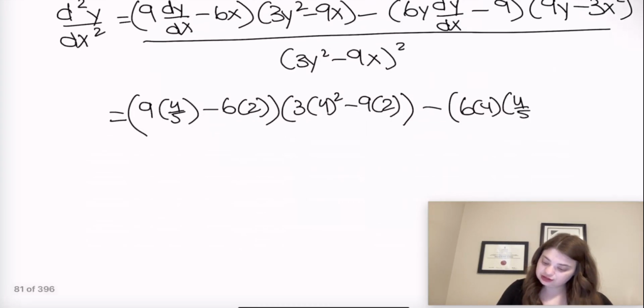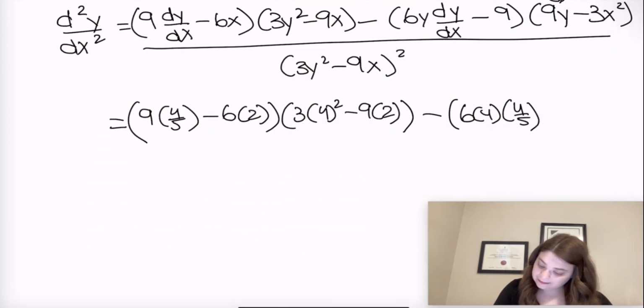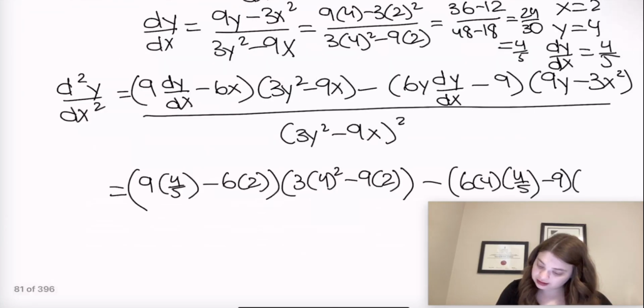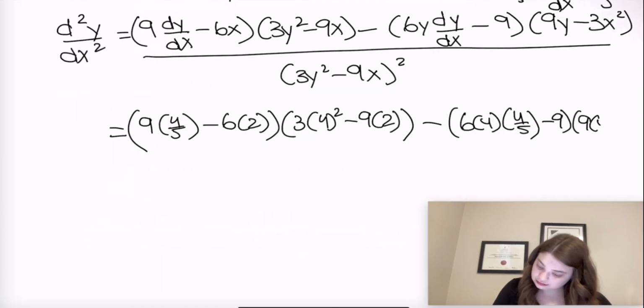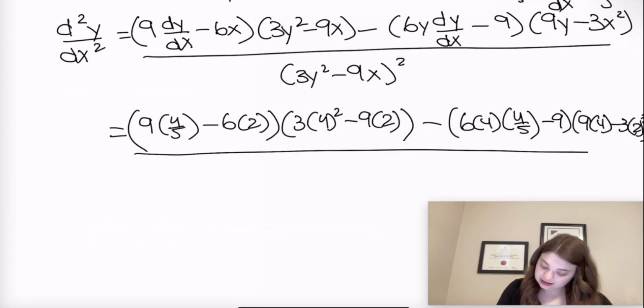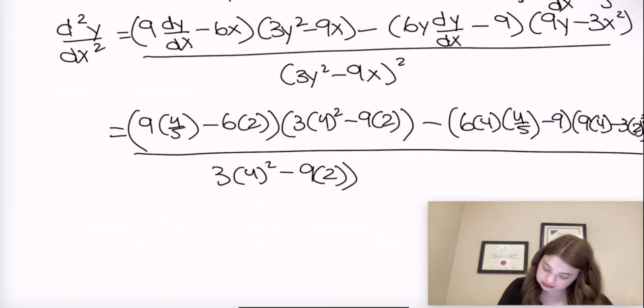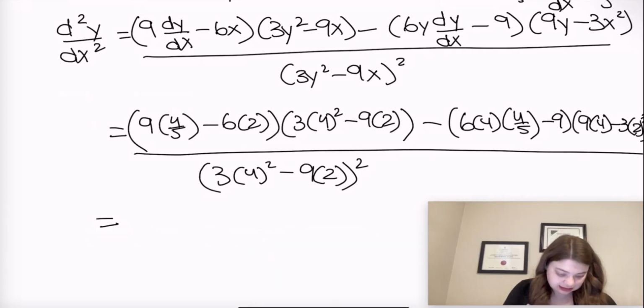Actually, let's scroll down here so you guys can see all that. Minus 9 times 9y, which y was 4, minus 3 times 2 squared. All right, and then all over 3 times 4 squared minus 9 times 2, all squared. All right, and then I'm just going to calculate that and see what that ends up giving us.